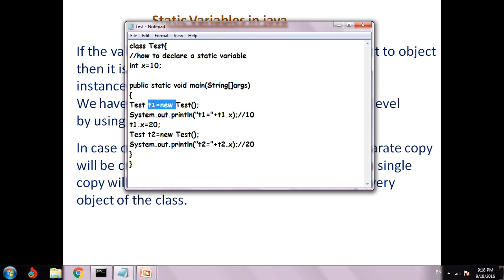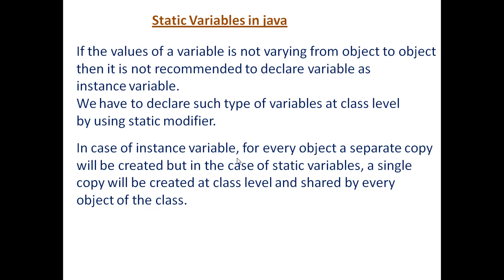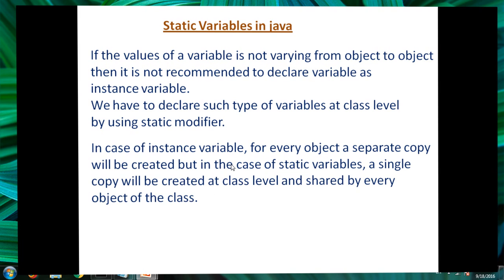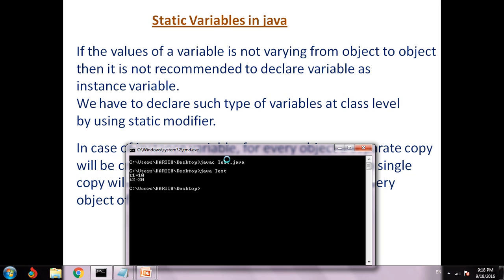So t1 is the object here, and we can access x using the object reference. It's going to print 10. Here I have changed the value to 20, so in the case of static I got 20 as a response with t2, but in the case of instance I'm going to get 10. So this is the basic difference between the instance variable and the static variable. In order to run this, I have to recompile it because I have changed the program contents.